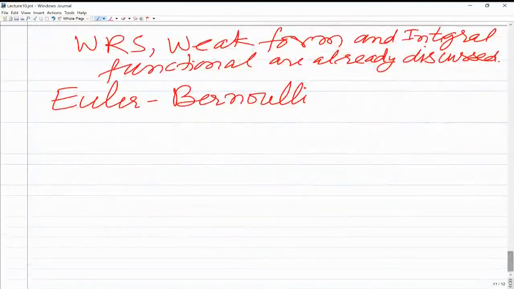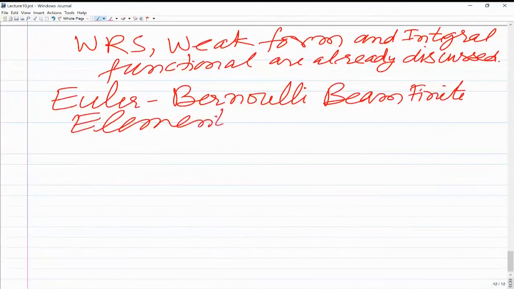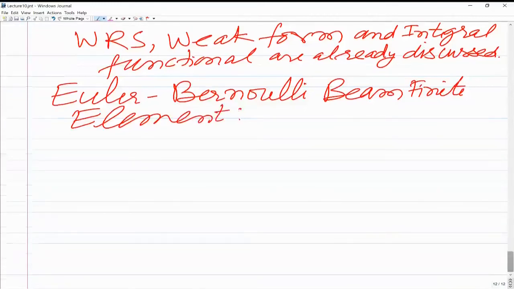So now the Euler-Bernoulli beam finite element, this is what we are going to discuss. As we said, the differential equation is fourth order.